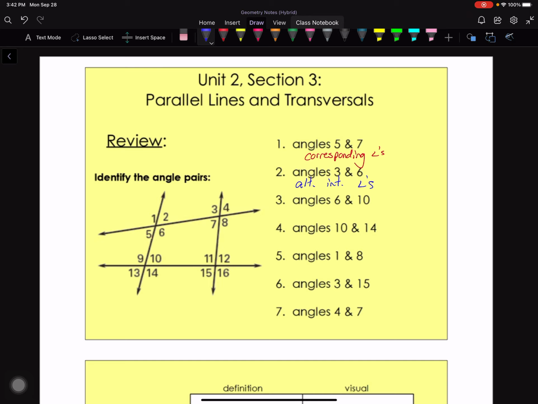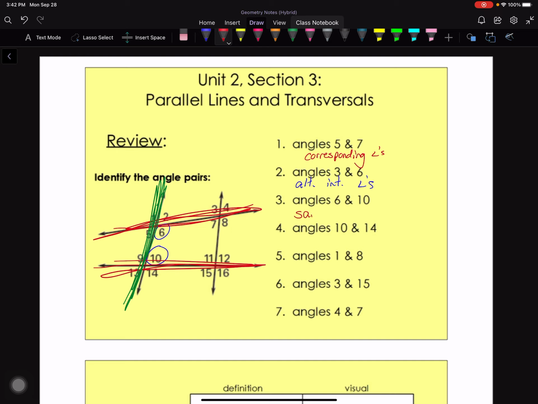Okay, the next one, 6 and 10. Again, if you cut it like this, and here is my transversal. They're both on the inside. Angles 6 and 10 are on the inside, but now they're on the same side.